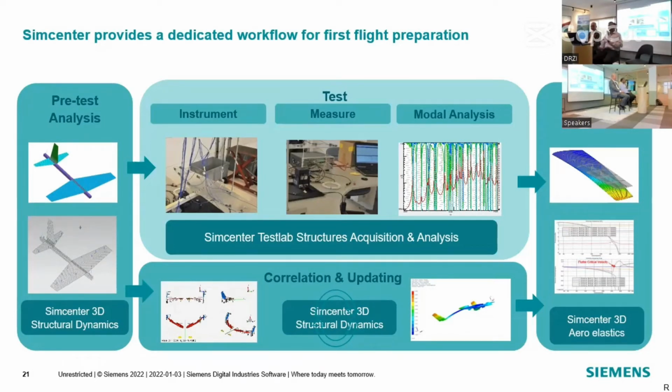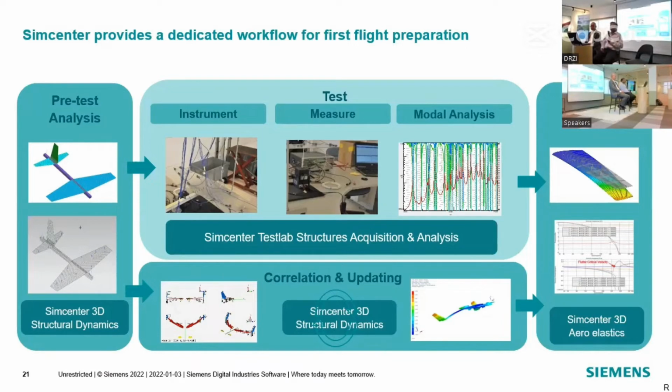What is the advantage? If I don't use my simulation model, I probably do trial and error. I always believe my physical test is accurate, but the physical test may not be accurate because I may not put the right sensor at the right location, or the particular structure may not have enough sensors to capture its resonance or its excitation. So this is where we leverage the simulation results.